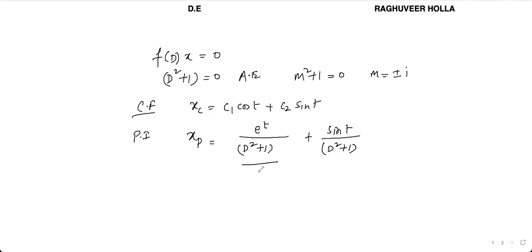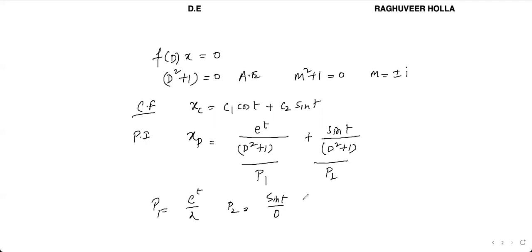So we'll put this as P1 and this as P2, particular integral 1 and 2. For P1, when you substitute D as 1, that is e to the power of t by 2. Now for P2, when you substitute D square as minus a square, which is minus 1 square, the denominator becomes 0. So that is sin t by 0.